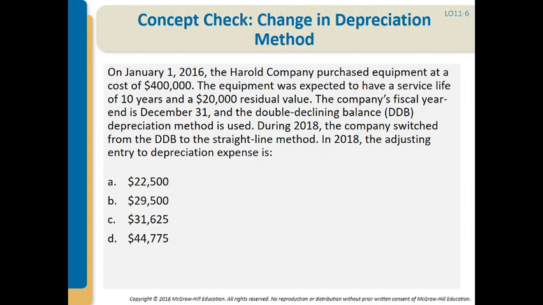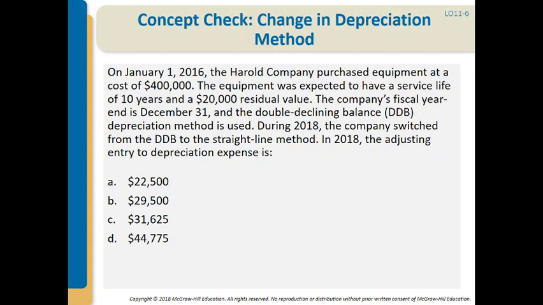In 2018, the adjusting entry to depreciation expense is, well, let's see. Just figuring this out, your 10-year life, meaning under the straight line method, you depreciate 10%, so multiply that times 2, and you've got your DDB depreciation percentage.